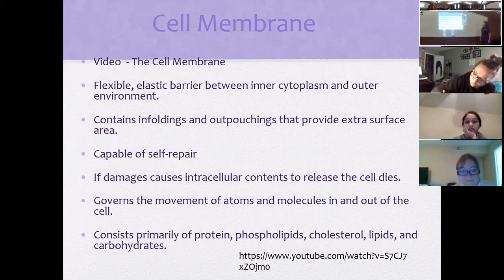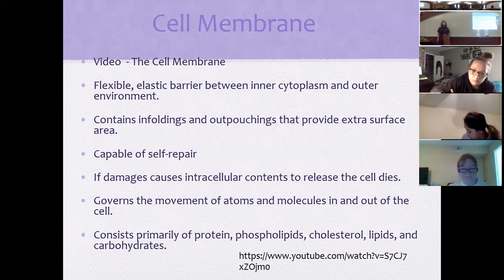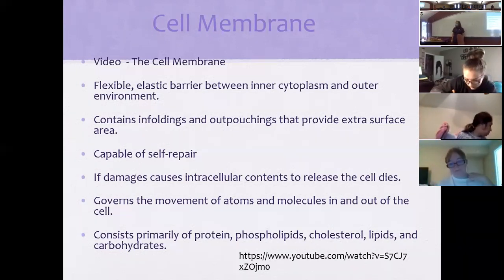It's going to govern things. When we talk about the cell membrane, oftentimes we draw it just like we just saw in the picture, like it's just a solid line, just a solid circle. This is not the cell membrane at all. The cell membrane is intensely complex.